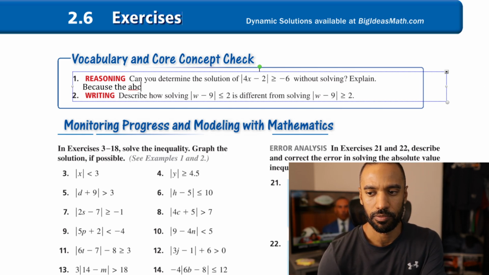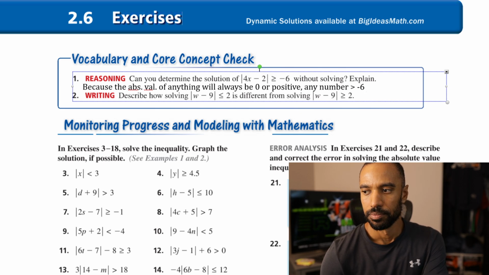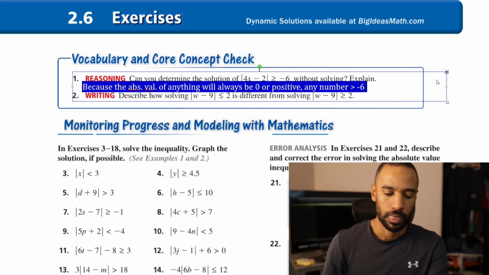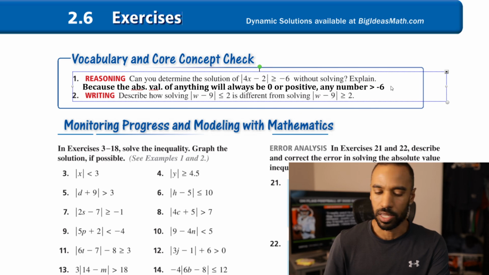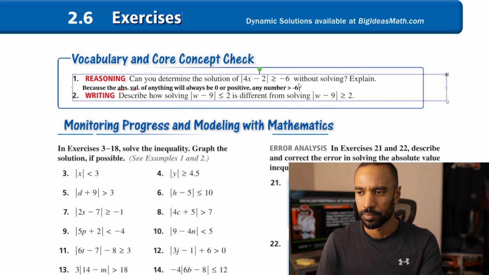Because the absolute value of anything will always be 0 or positive, any number greater than negative 6 will be a solution.